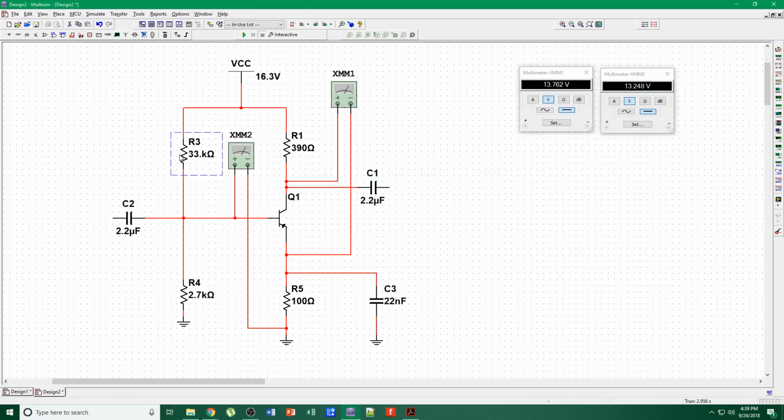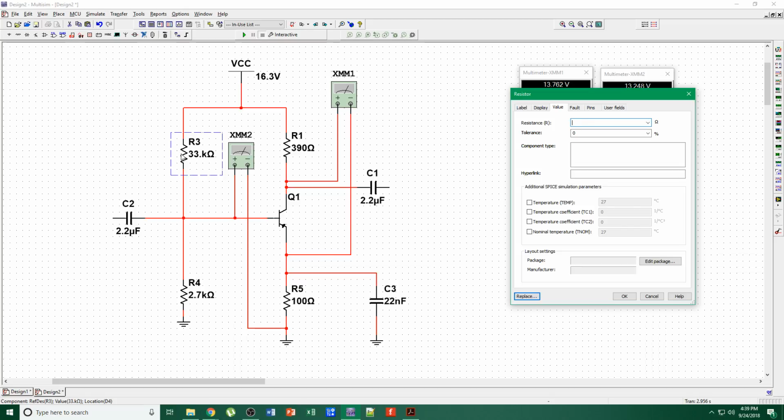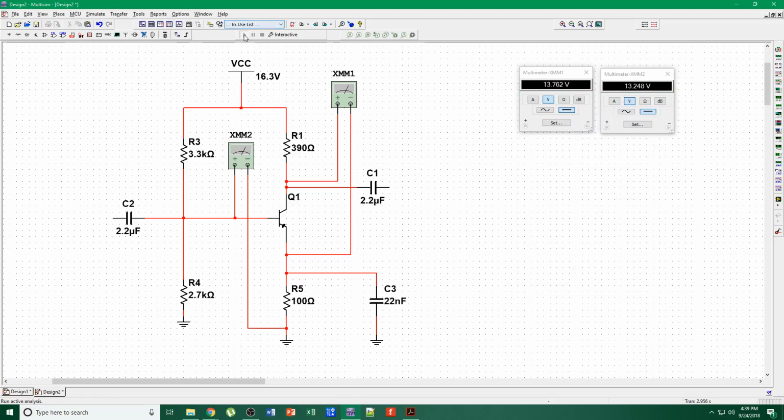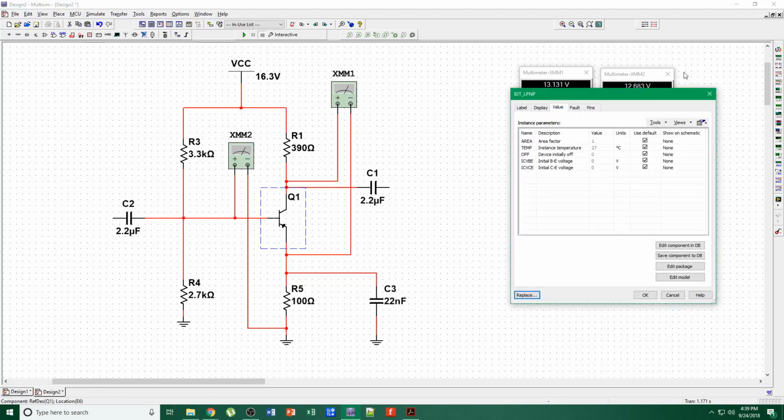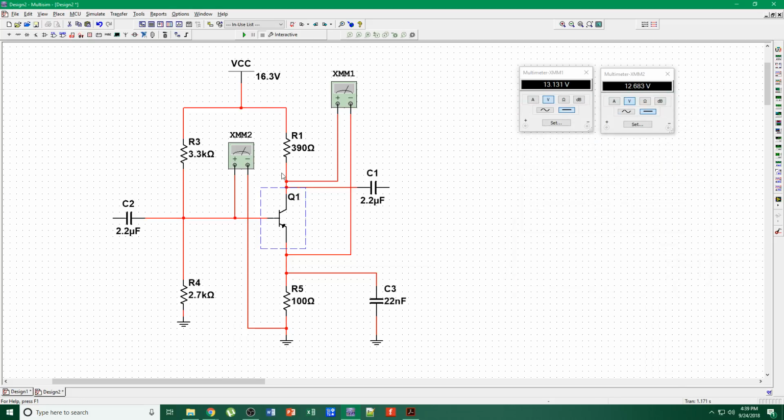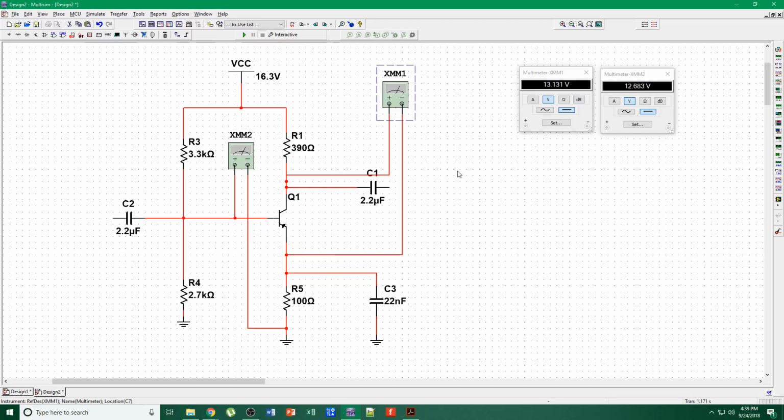3.3K. Okay, no. Is it PNP? Yeah, but it has to work backwards. Do I have it in the wrong orientation?